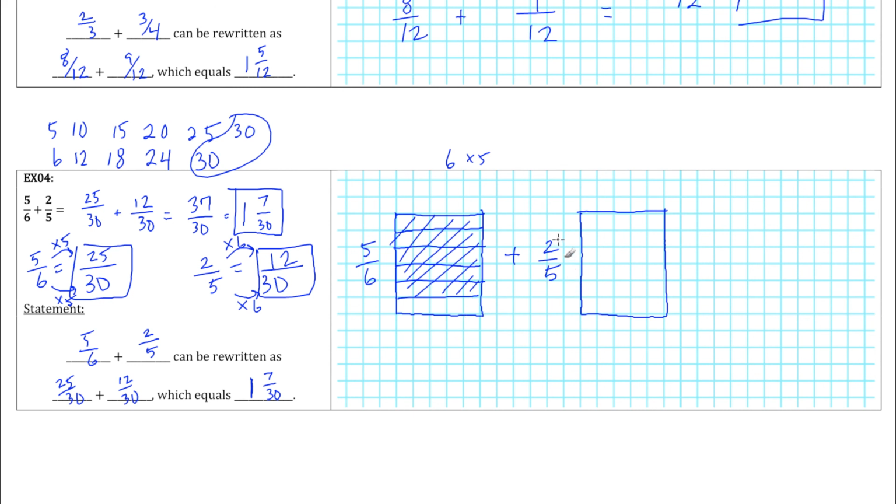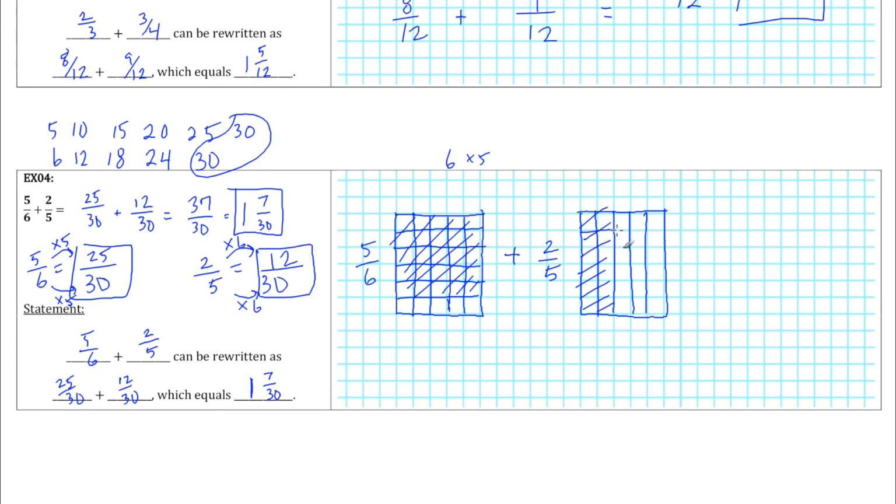And now I need to make fifths. I can't cut it this way horizontally because I'll have 6 pieces. I need to cut it vertically. That way I have 5 equal pieces. I'm going to shade in 2 of them. Now I need to create a common denominator. So I'm going to draw these lines in.